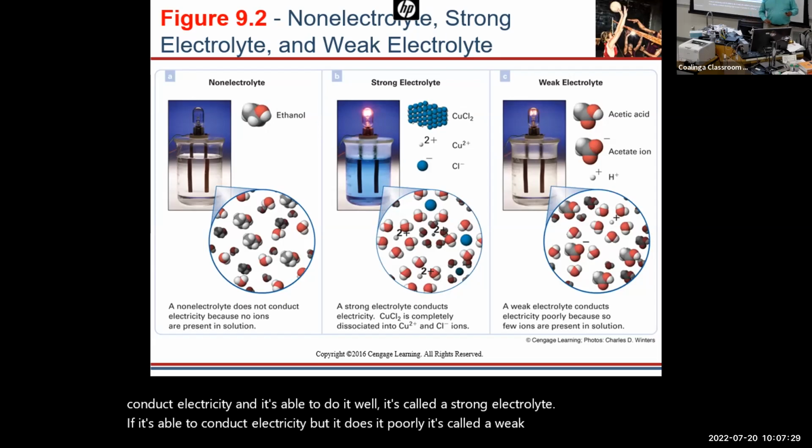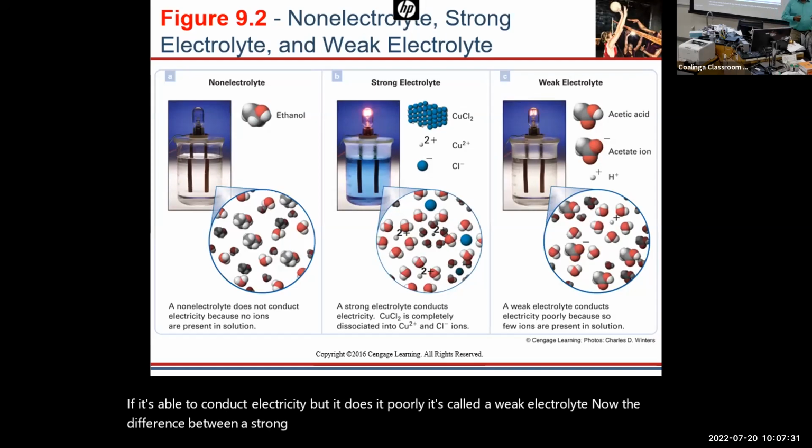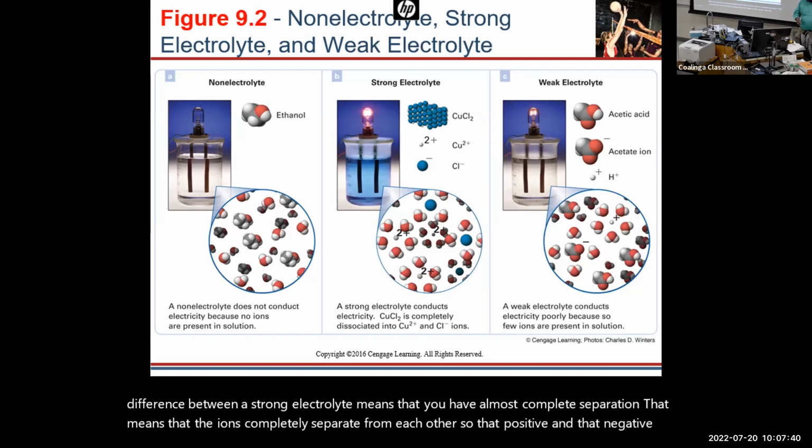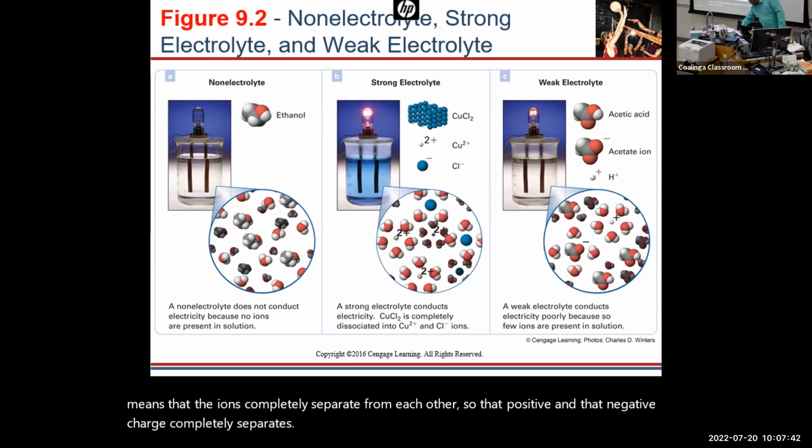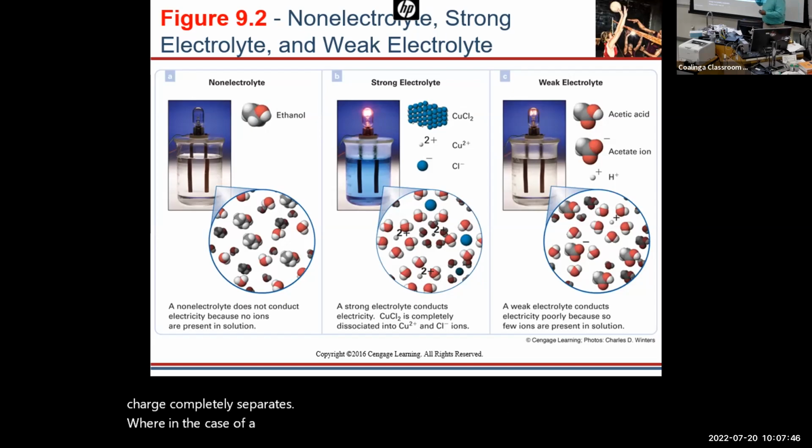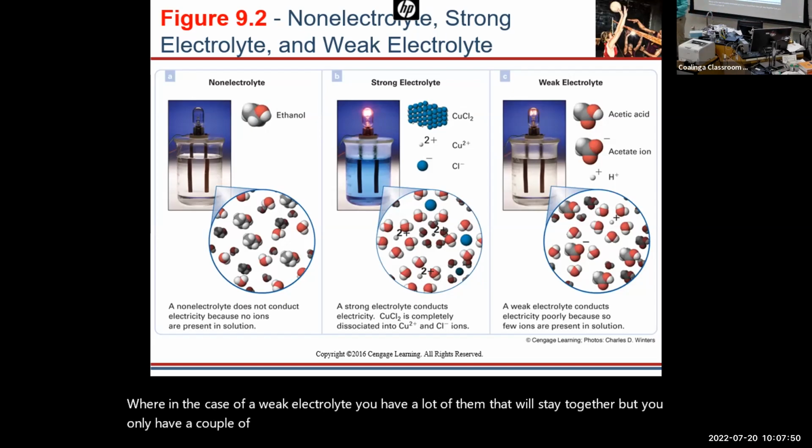Now, the difference is that a strong electrolyte means you have almost complete separation. That means the ions completely separate from each other. So that positive and that negative charge completely separate. Where in the case of a weak electrolyte, a lot of them will stay together, but only a couple of them will actually separate.